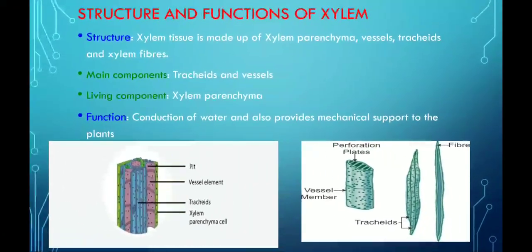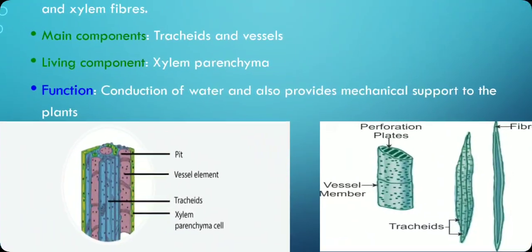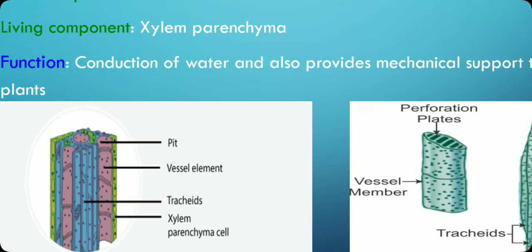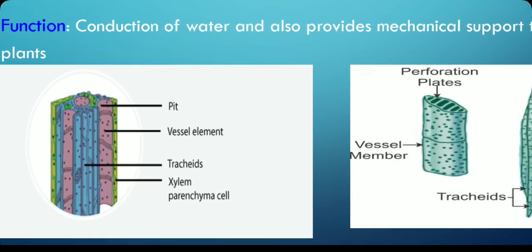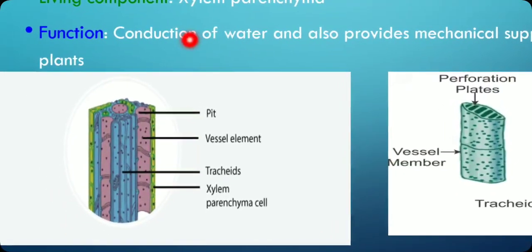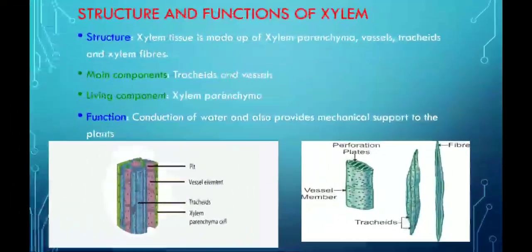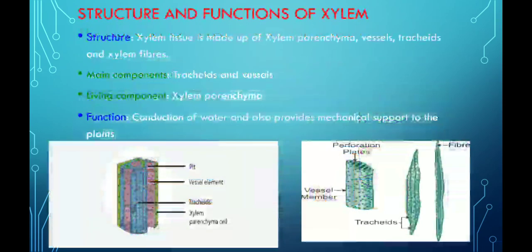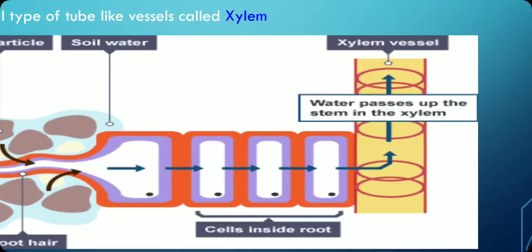Got it? So by knowing this, can you tell me the function of xylem? It helps in conduction of water and minerals to the upper part of the plant, as I have shown in the picture. Xylem works in a unidirectional way, meaning only one direction, from the lower level to the upper part.